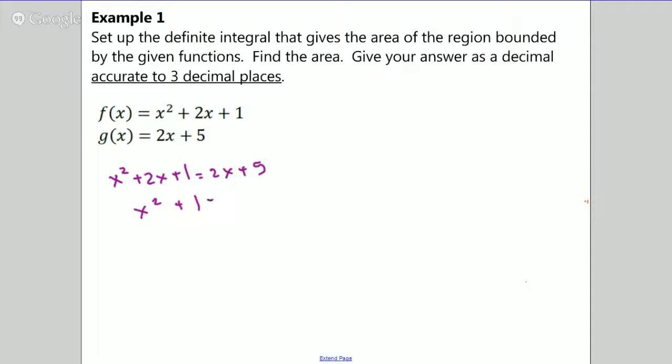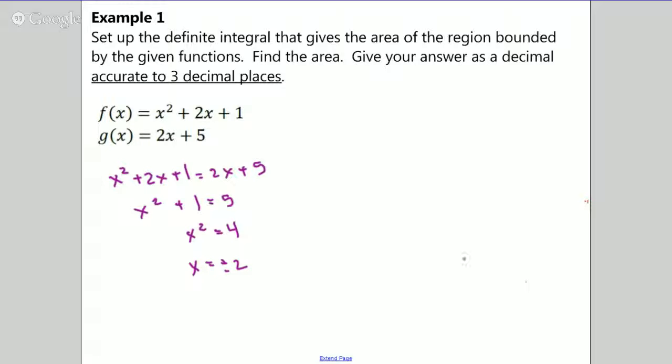And then I can subtract 1 from both sides, and I get x squared equals 4. Take the square root of both sides. Don't forget your plus or minus. So my 2 points of intersection are plus or minus 2.